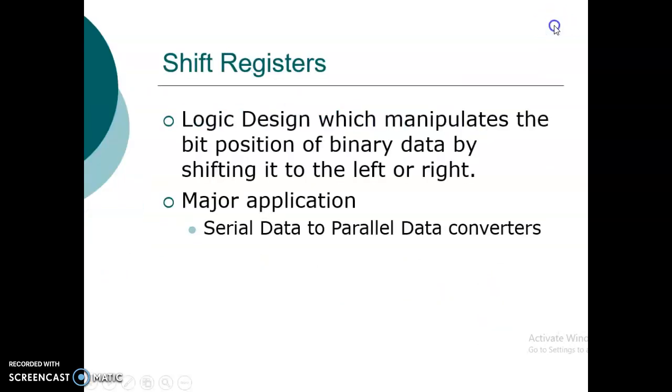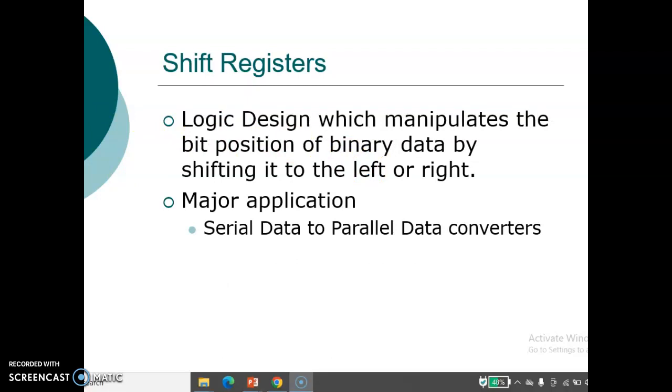Modular sequential logic: shift registers. Logic design which manipulates the bit position of binary data by shifting it to the left or right. Major application: serial data to parallel data converter.